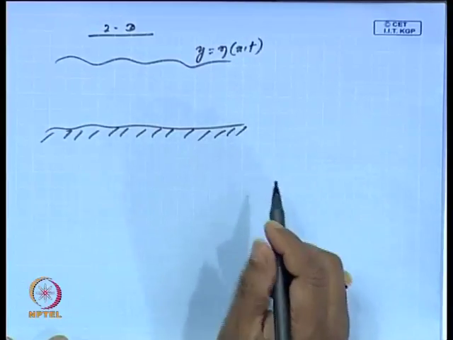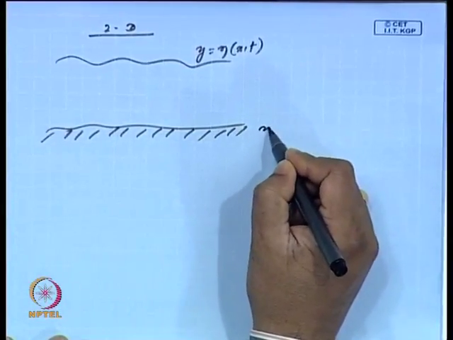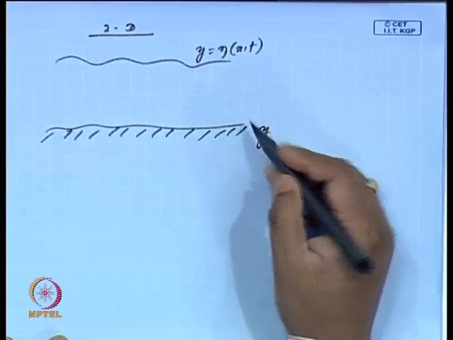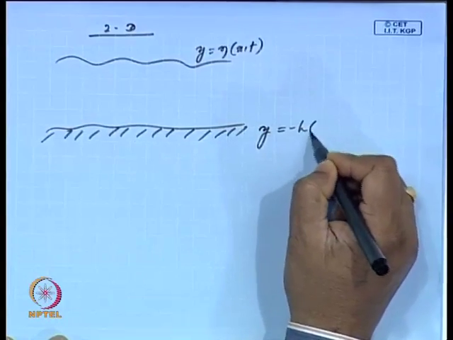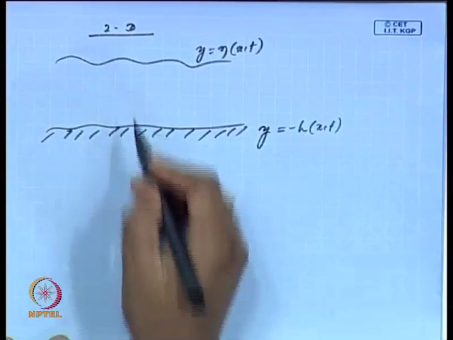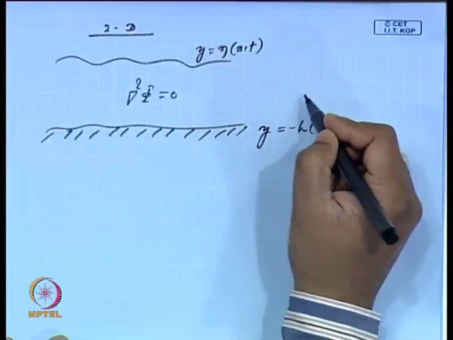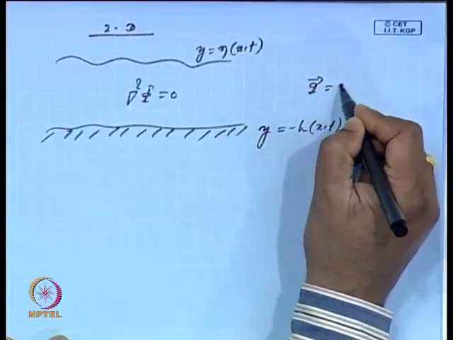If I say my downward direction is the negative direction, the bottom can be y is equal to minus h x t. Then in the fluid domain we have del square phi equal to 0, where q is equal to the gradient of phi.